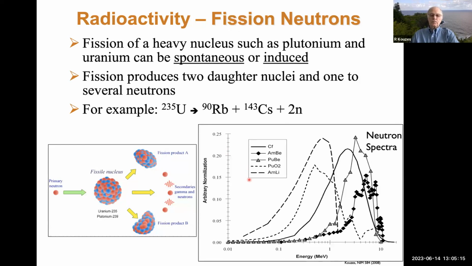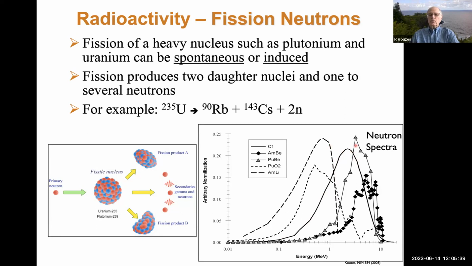On the bottom right here is a plot of the energy spectrum associated with the neutrons that come out of fission. The dark line here is the spectrum that is common to all fissions, whether induced or spontaneous. This happens to be a californium spectrum, but a plutonium neutron spectrum looks very, very similar to this.